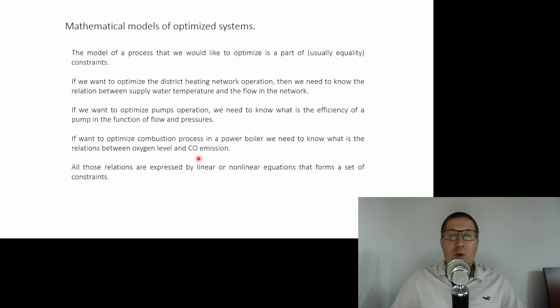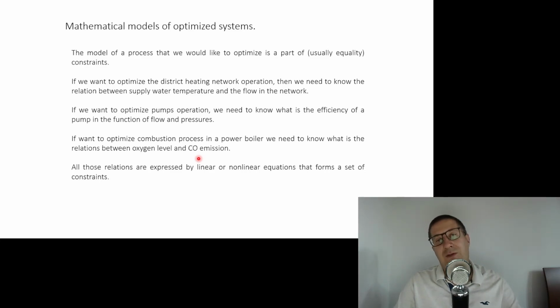If you want to optimize a pump's operation, we need to know the efficiency of the pump as a function of some parameters, for example flow, discharge and supply pressure, and the difference between those pressures. If I want to optimize the combustion process in a power boiler, I need to know the relation, for instance, between the oxygen level and the CO emission, because my goal is to limit the CO emission.